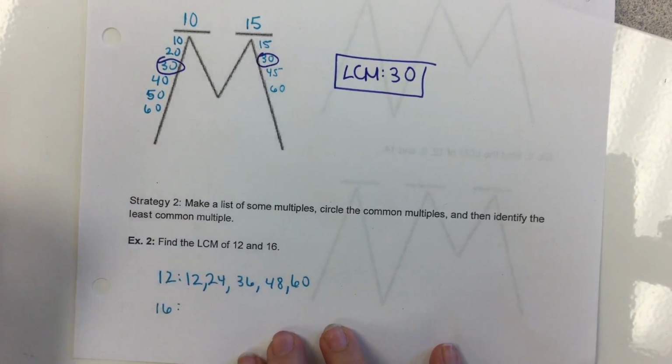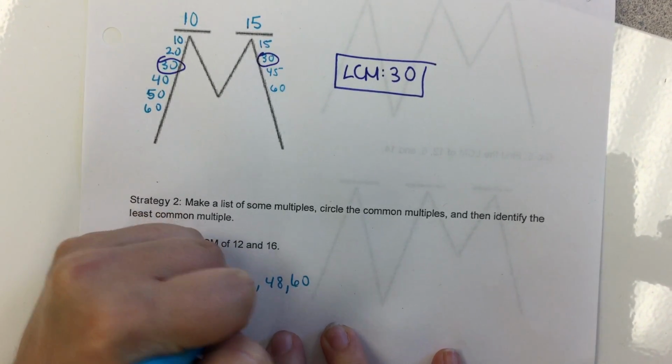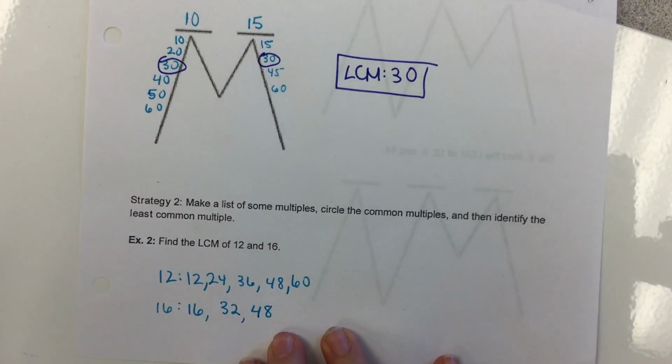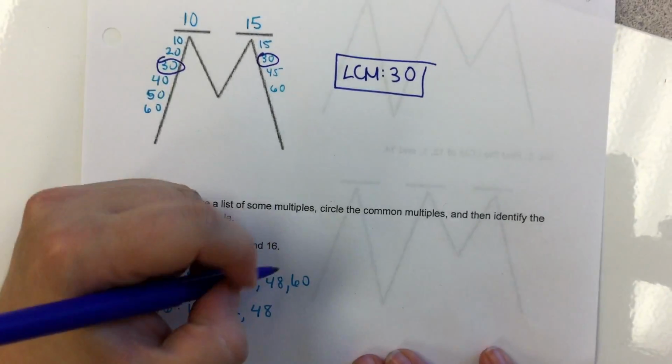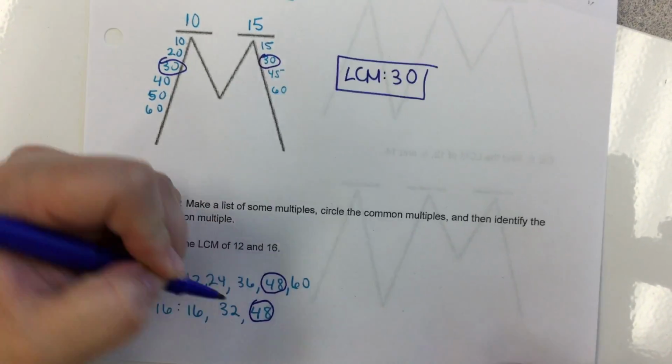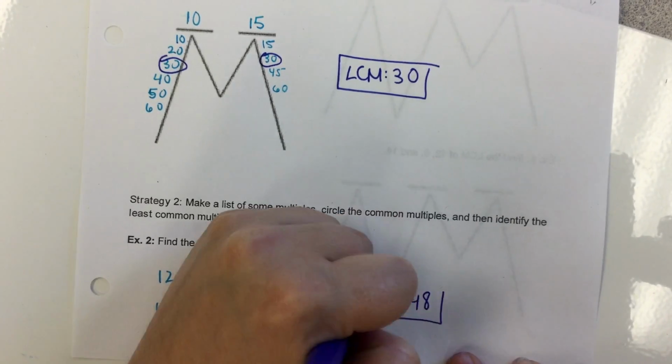Now I'm going to list out the multiples of 16, starting with 16. And actually, I can stop here because I already see a common multiple of 48, which makes my LCM 48.